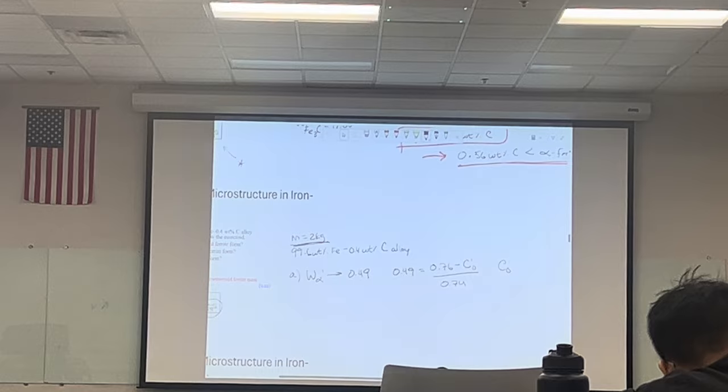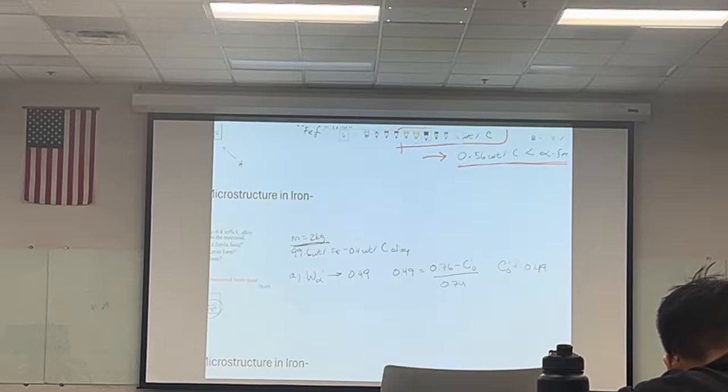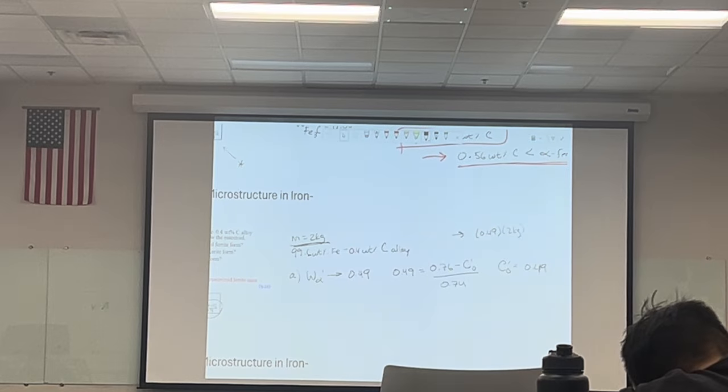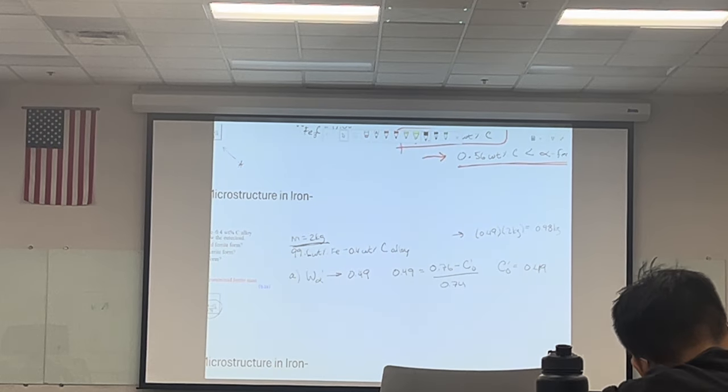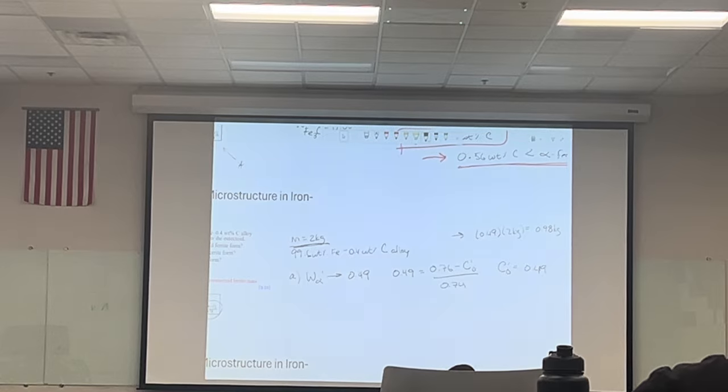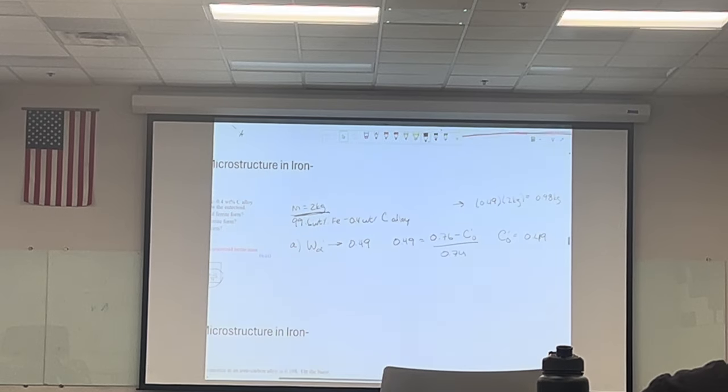And our C naught prime should be equal to 0.4. So essentially we'll multiply this mass fraction by the actual mass. Then this will give us 0.98 kilograms, which is the mass in kilograms of the proeutectoid ferrite formed.